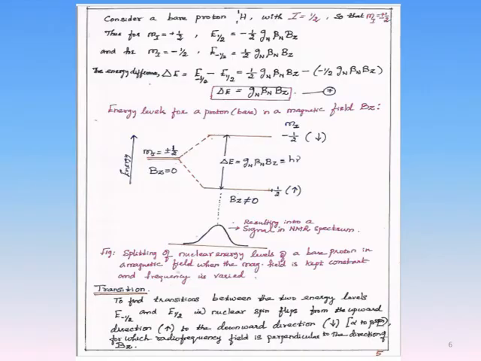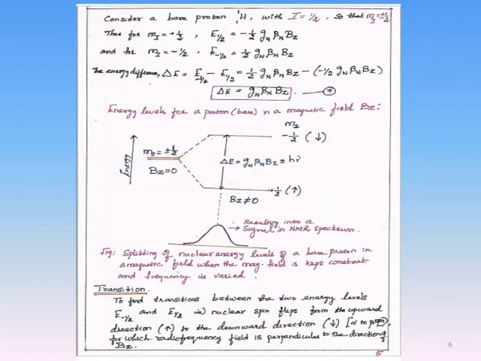Now let us consider a bare proton, which is very easy to work out, as the spin quantum number I is equal to half and only one proton is present, so Mi will be plus or minus 1 by 2. We have two energy states, two spin states. For Mi equal to plus half, the energy for that particular state, E half, is equal to minus 1 by 2 Gn beta n Bz.